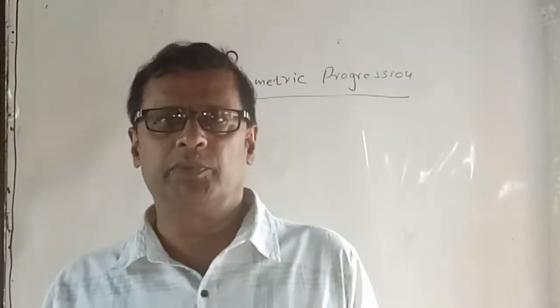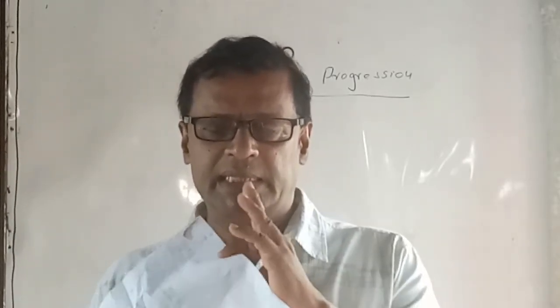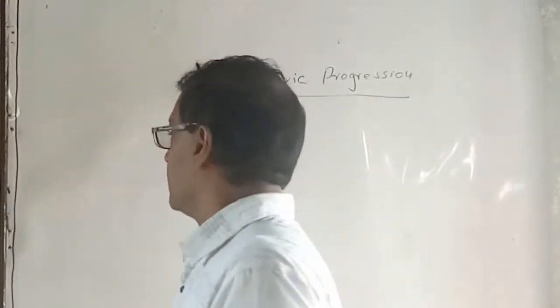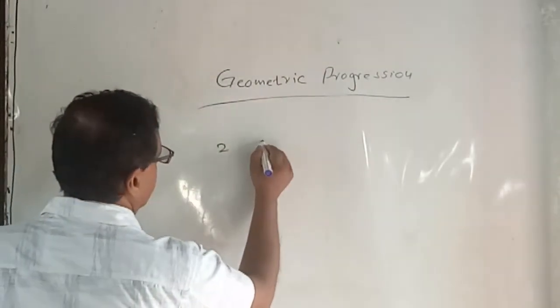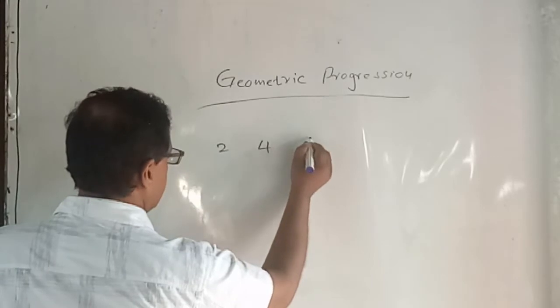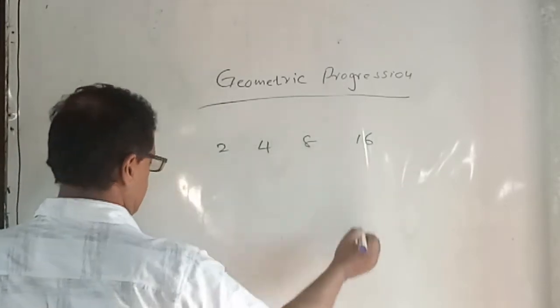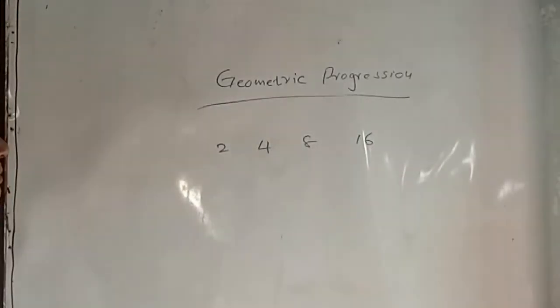And in grade 10 you did arithmetic progression, that is AP. In that series you have a common difference, but here in the GP you have a common ratio. Let us take an example. Consider these numbers.